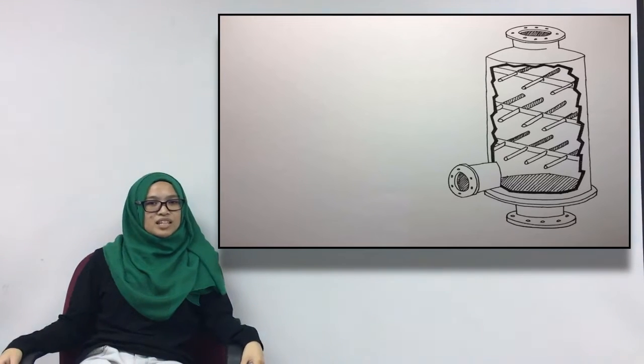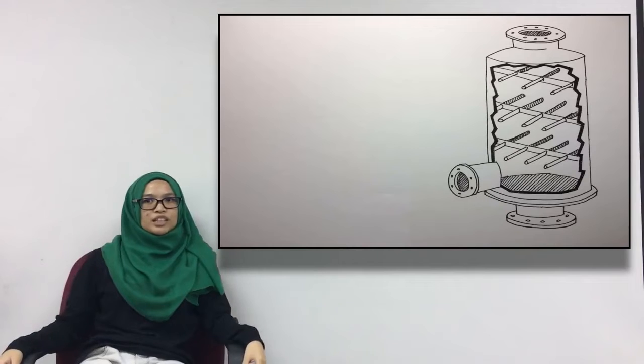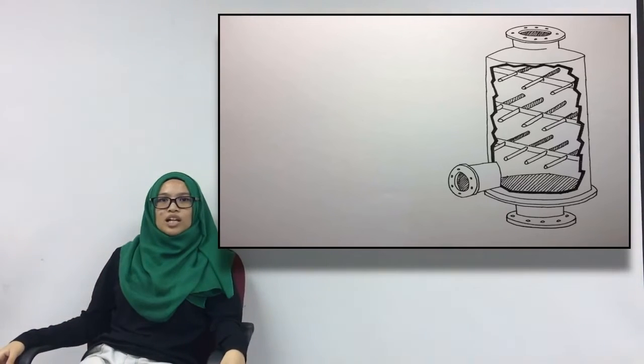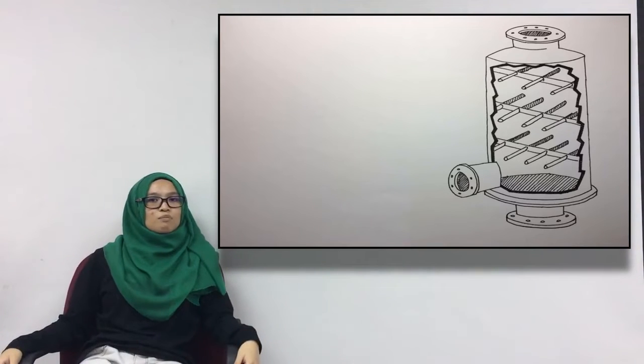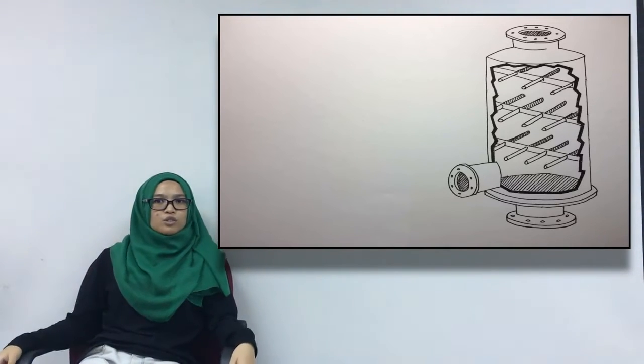Next, the droplets capture particles suspended in the gas flow through inertial impaction, interception, and Brownian diffusion. Droplets large enough to settle by gravity collect at the bottom of the chamber. Next, droplets that remain entrained in the gas stream are collected on a mist eliminator upstream of the nozzle.